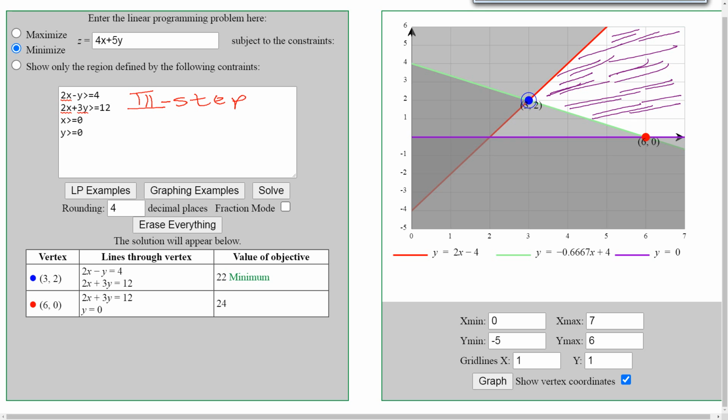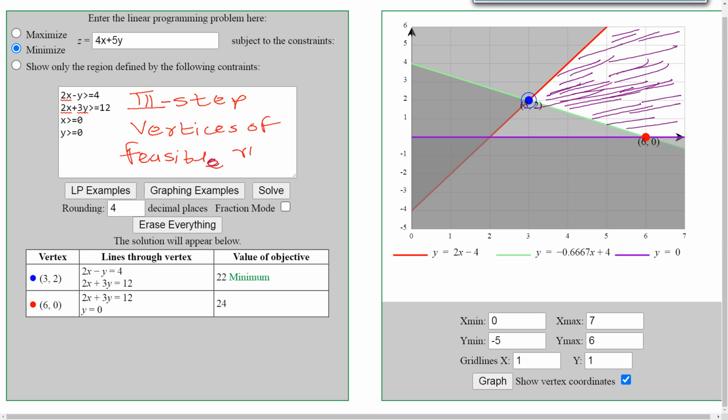Now in the third step, we have to identify the vertices of the feasible region, or common feasible region, which we have obtained. It is shaded here, as you can see, this portion. So we have to obtain the vertices of the common feasible region.